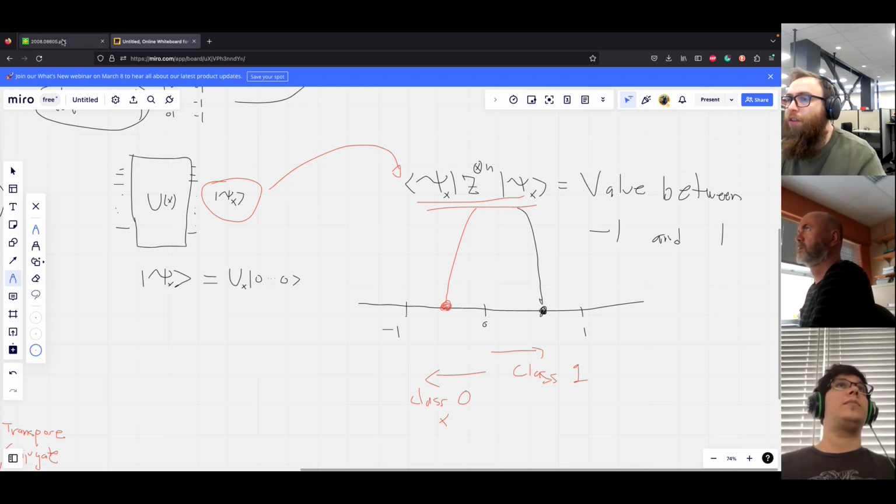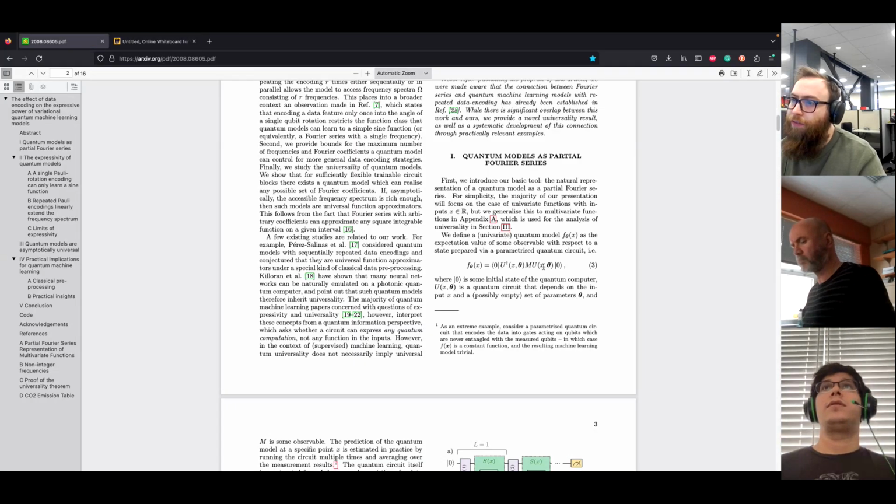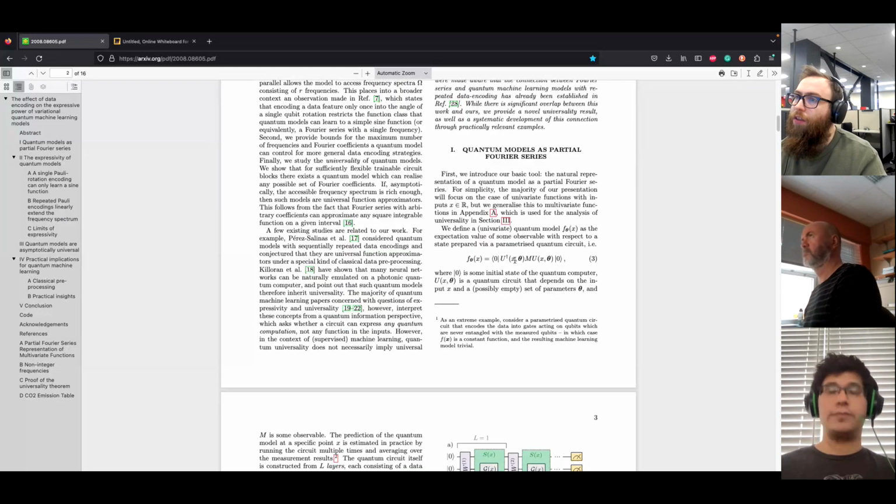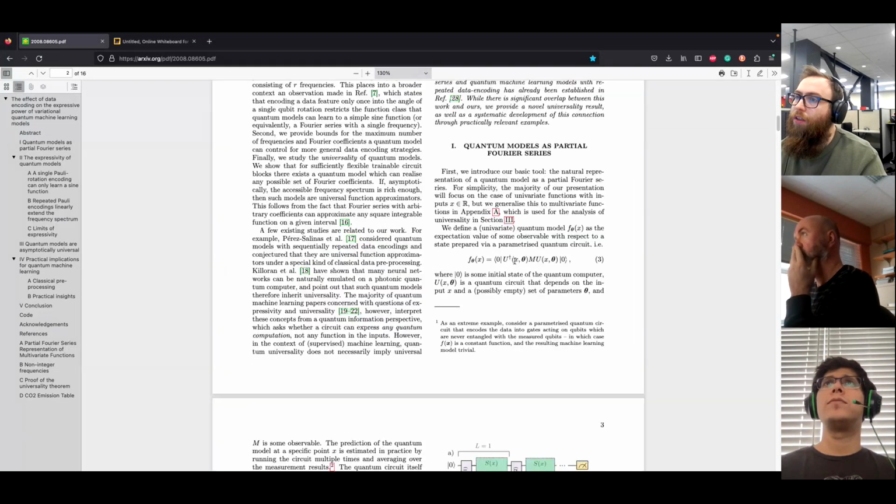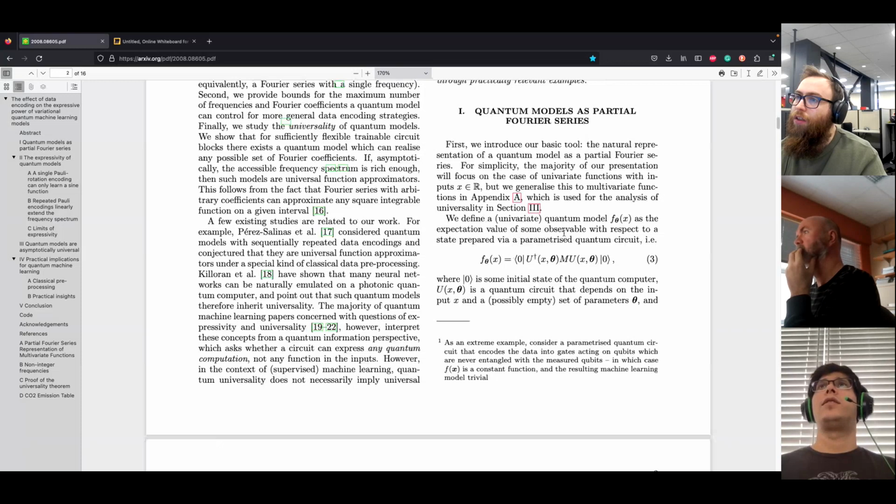Now, let me go back to the paper. As you can see here, they say a quantum model is a function like this. Now, this function depends on some theta, some x.